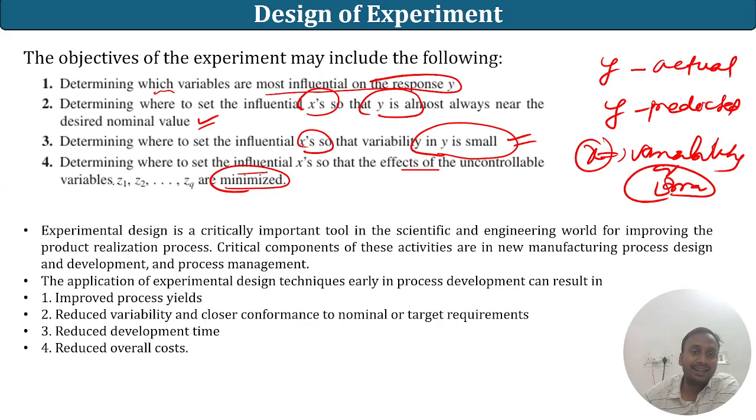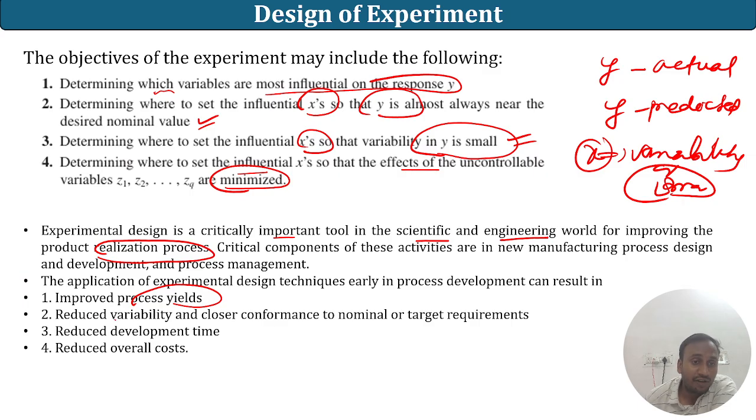Experiment design is critically important for the scientific and engineering world to improve the product realization process. It concerns the efficacy of drugs and how we can implement them in the market. So we improve the process yield, meaning the efficiency of the drugs, or if it is a manufacturing process, the efficiency should increase.